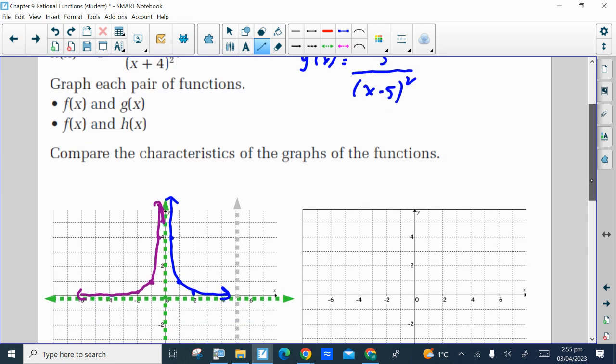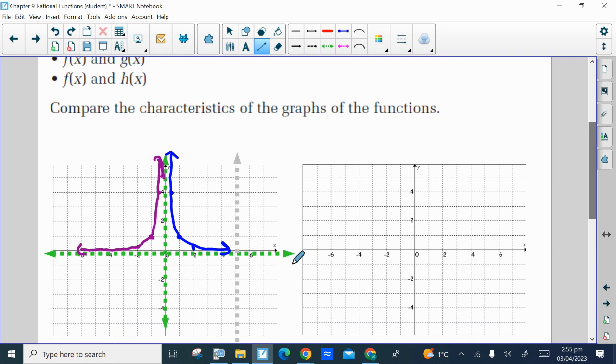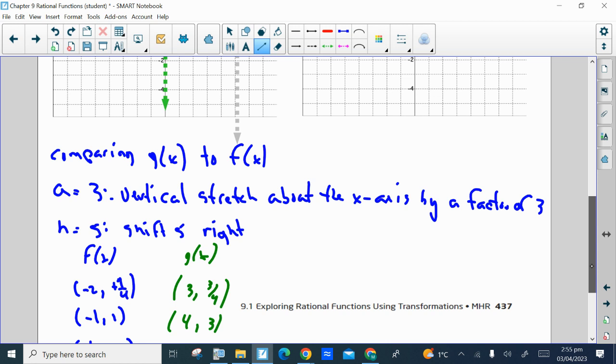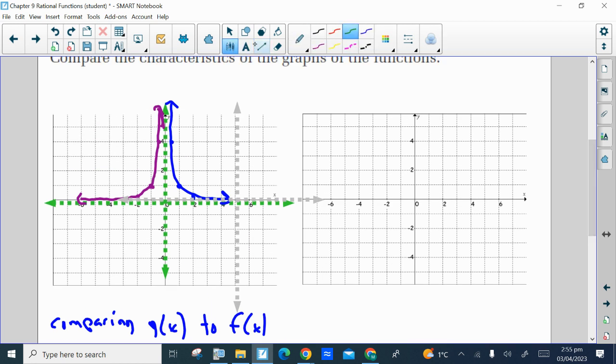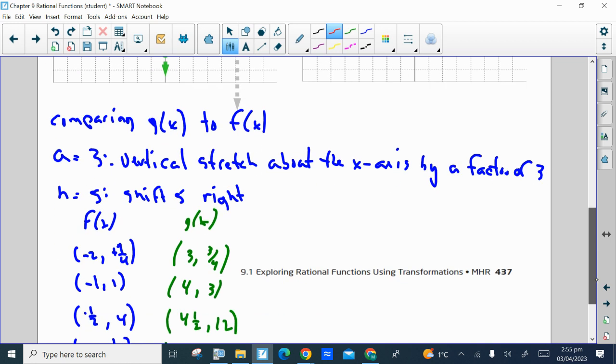But the x-axis is still an asymptote because y cannot equal 0. And I've got the points 3 comma 3/4, so 3 comma 3/4, approximately there.